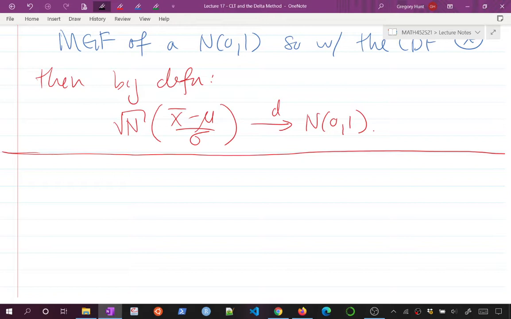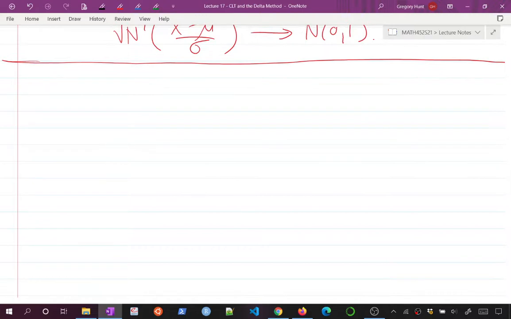Okay, so let's look at some examples, and we'll start talking about what's called the delta method. Here's an example.